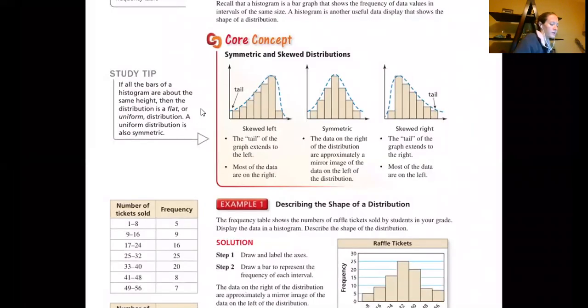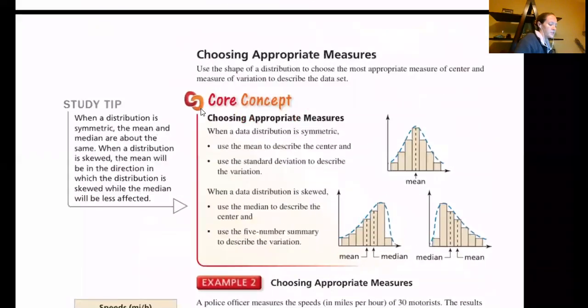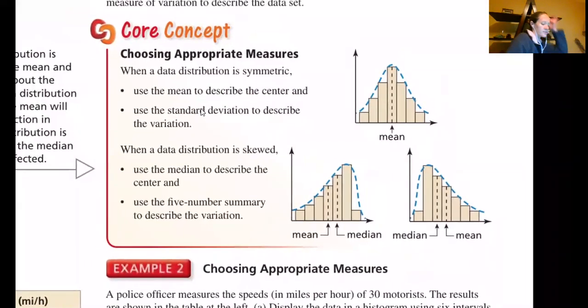So if we keep going past the shape, here's a super core concept, and this is the same one that's outlined in the notes that we were just looking at. If we have that symmetric, which means if we cut a line down the middle, what's on the left would be approximately what's on the right. If we have that symmetry, then the mean, that's an old word from section 11.1, or remember the arithmetic average, the mean is really good for describing the center.